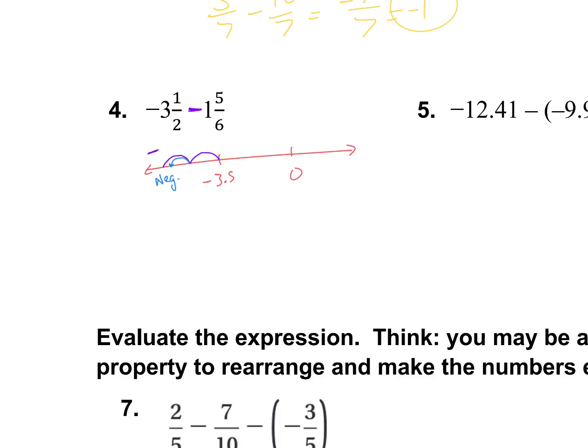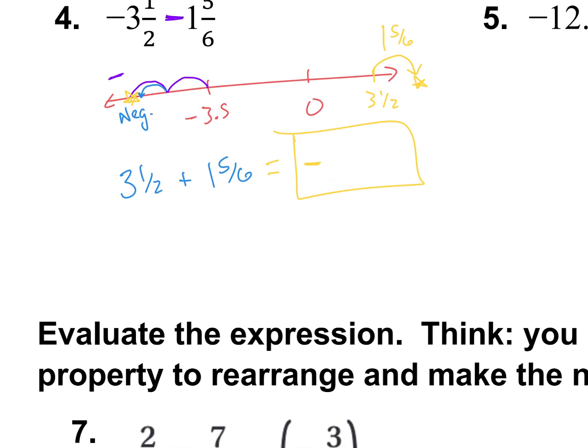So here's how I'm going to approach this. I'm going to say 3.5 plus 1 5/6. Why? Again, if let's say I was at 3.5 over here and I went over like this, 1 5/6, that would be like doing this, okay? And just our final answer needs to be negative.